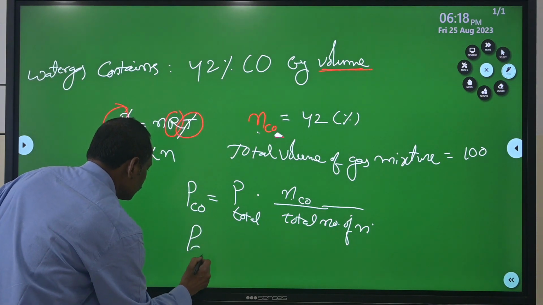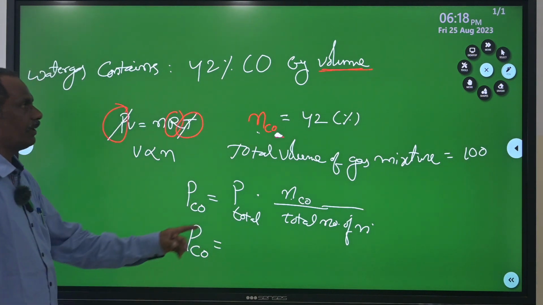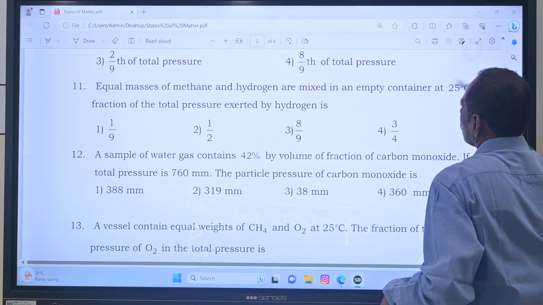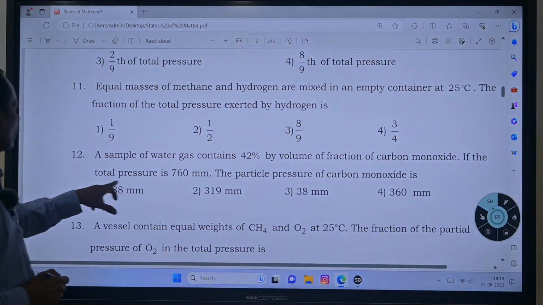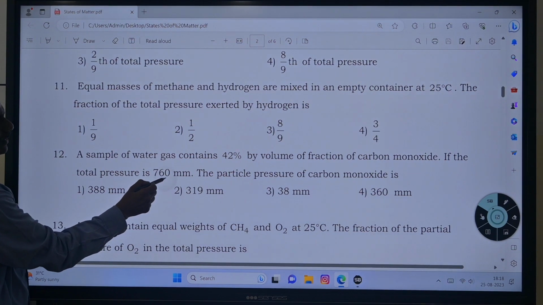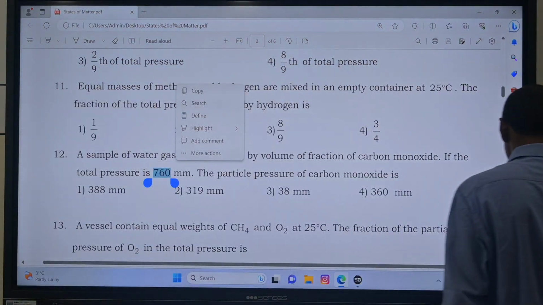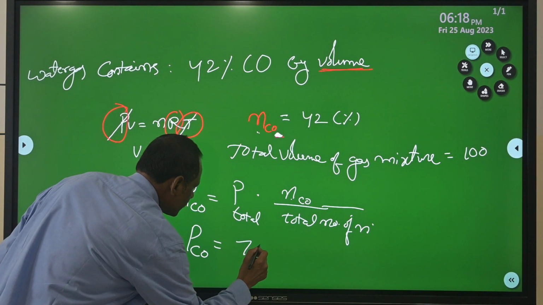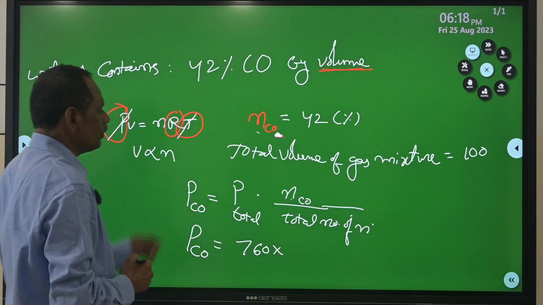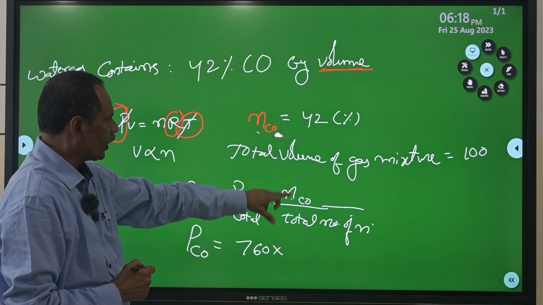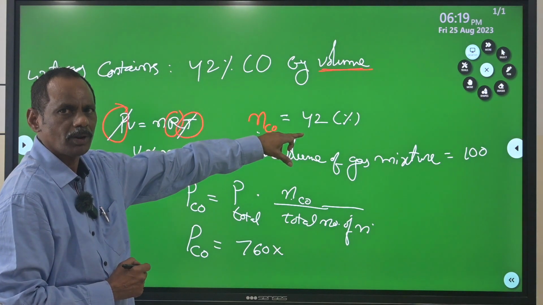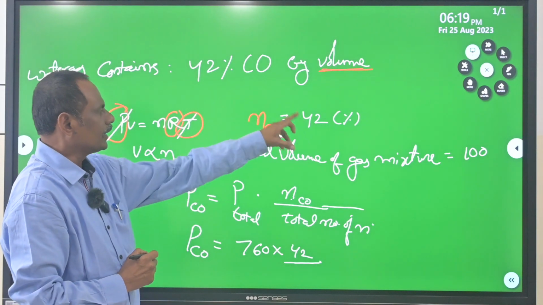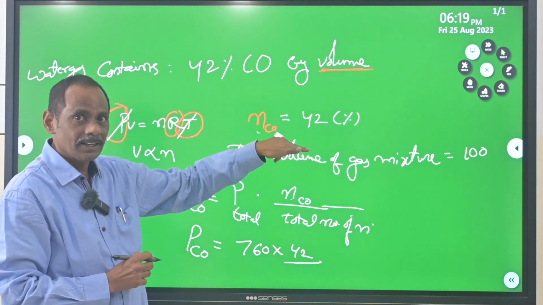The total pressure is given as 760, into, instead of number of moles of carbon monoxide, the volume percentage of carbon monoxide, that is 42, by total volume.